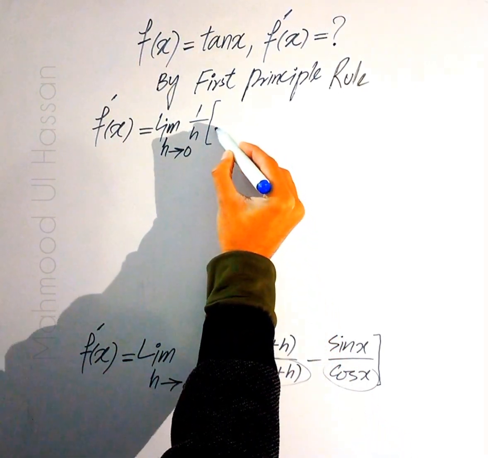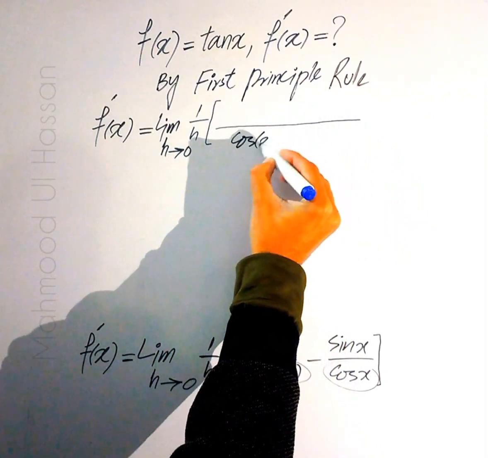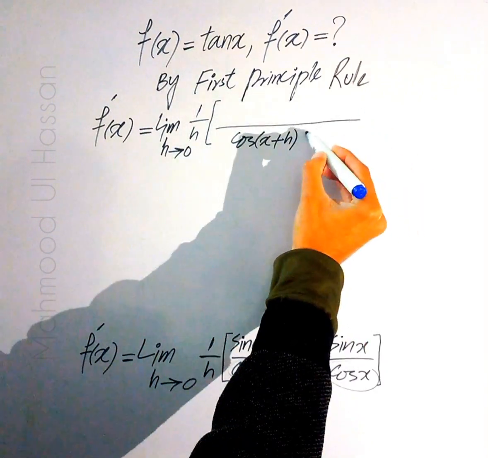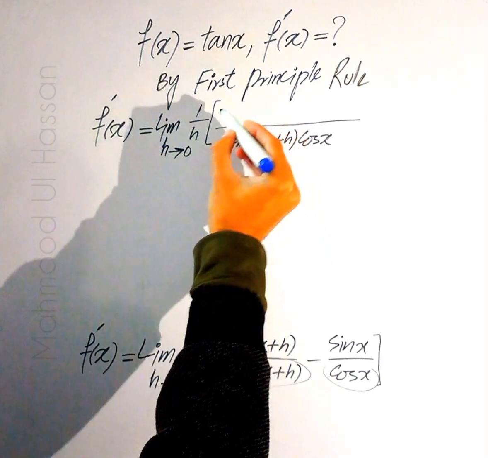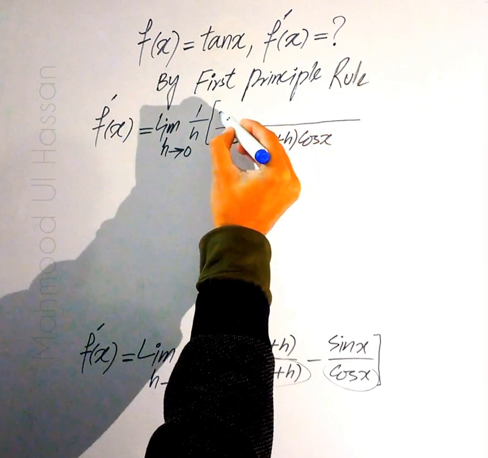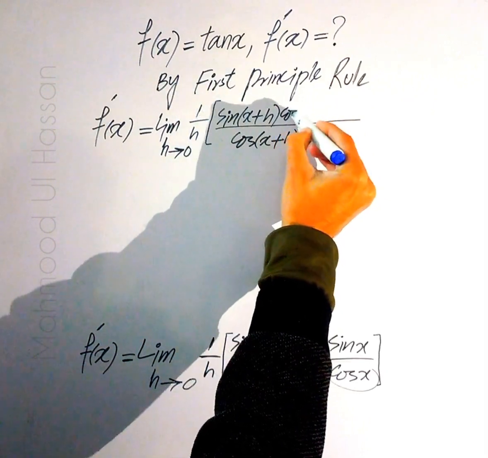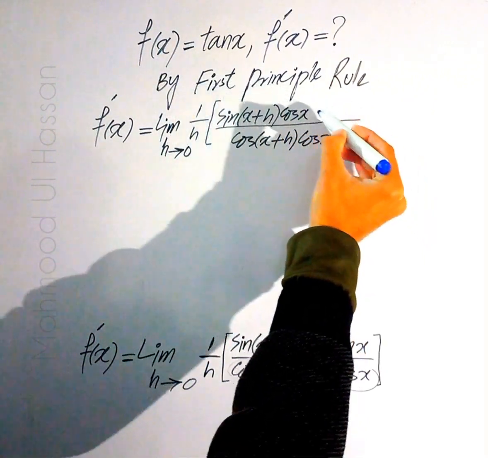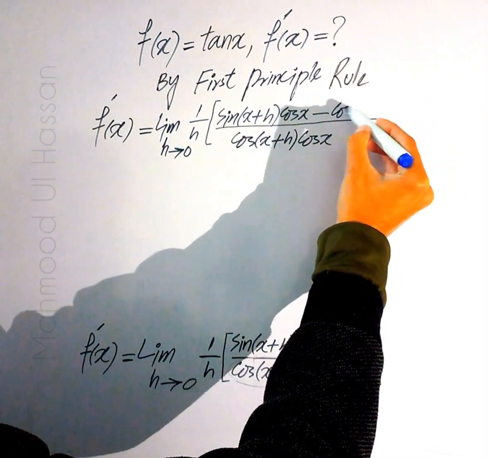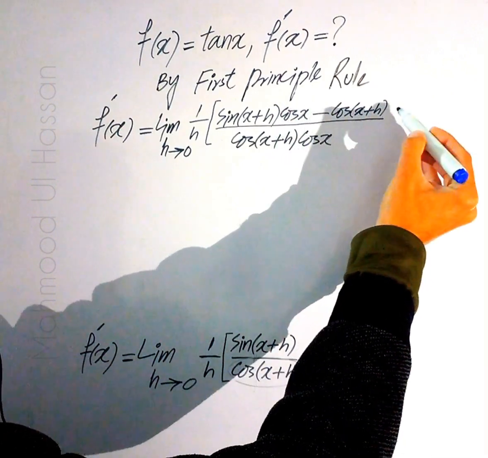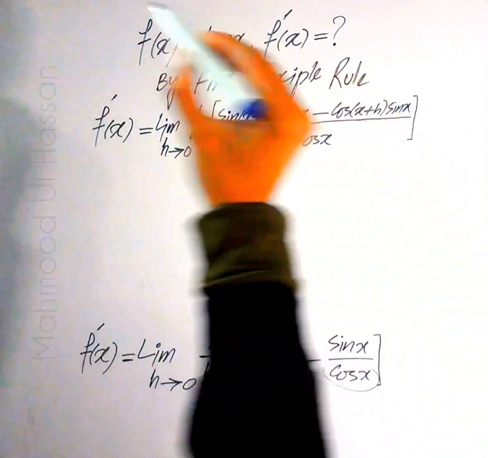So the LCM will be cos of x plus h multiplied by cos x, and the numerator will be sine of x plus h times cos x, and then minus cos of x plus h times sine x. Okay.